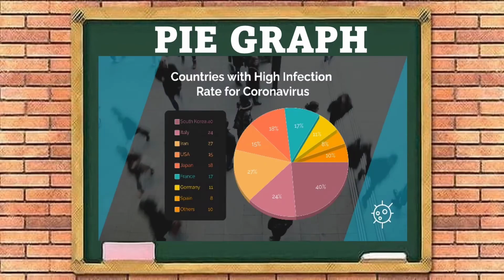A pie graph is a circular statistical tool that uses portions or slices to represent numerical proportions or percentages of a given whole.